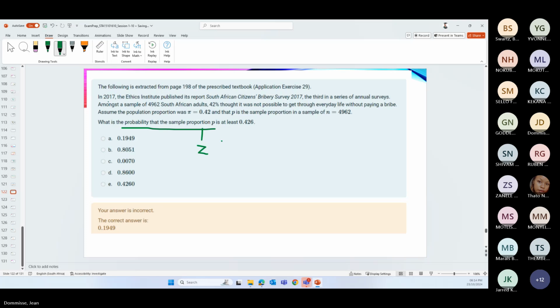So in the question, they tell us the Ethics Institute published this report, the first in a series of annual surveys amongst a sample of 4962 South African adults. 42% thought it was not possible to get through everyday life without paying a bribe.